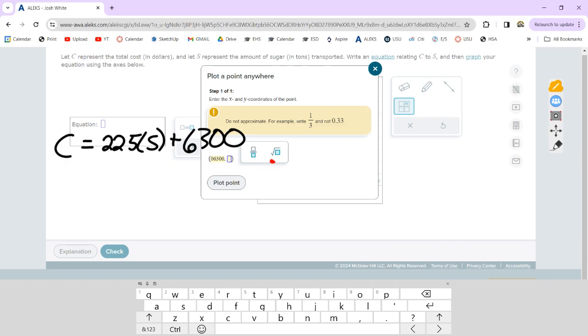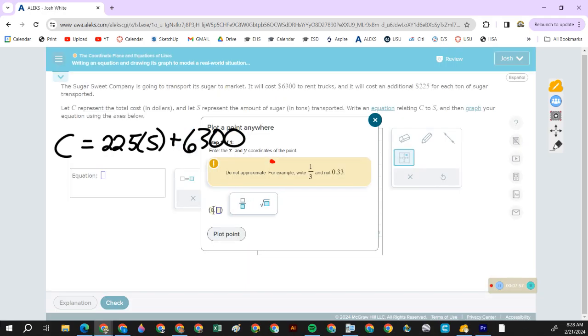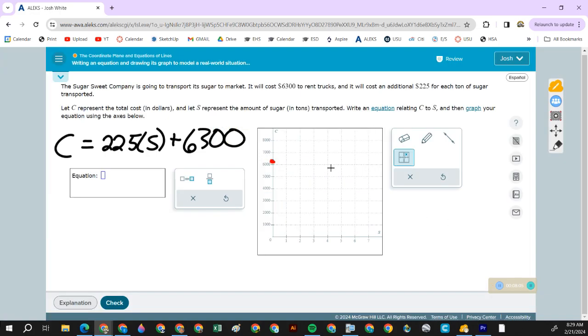Oh, let me use my computer. So 0, 6,300, plot point. Okay. And then the slope is 225.